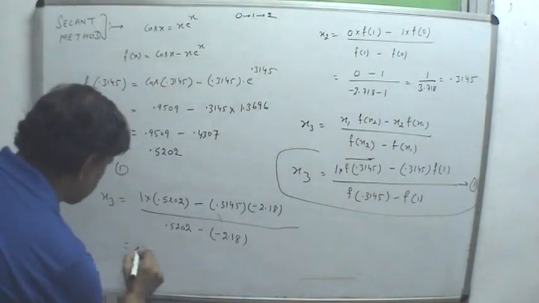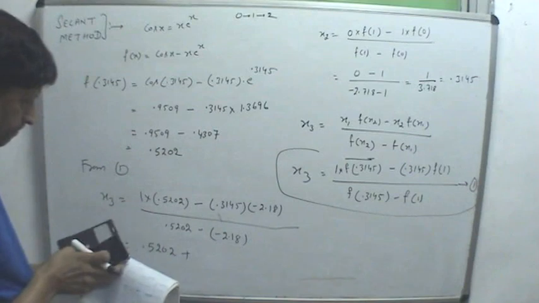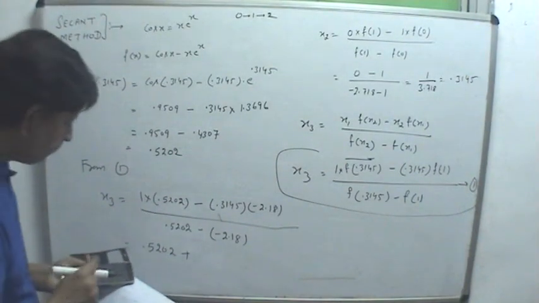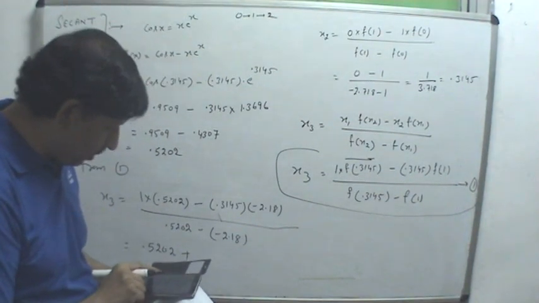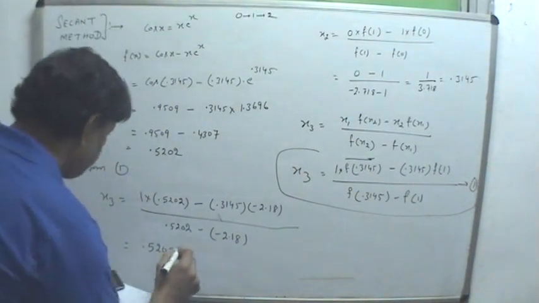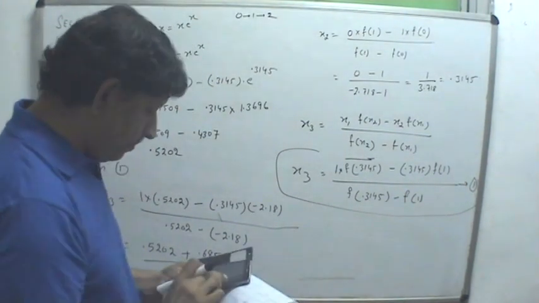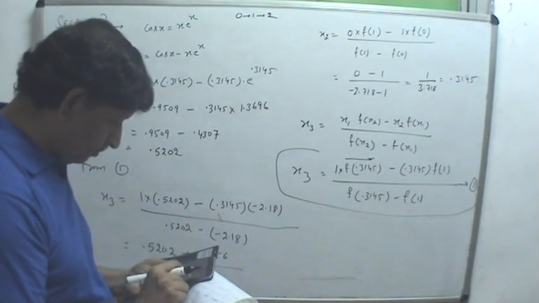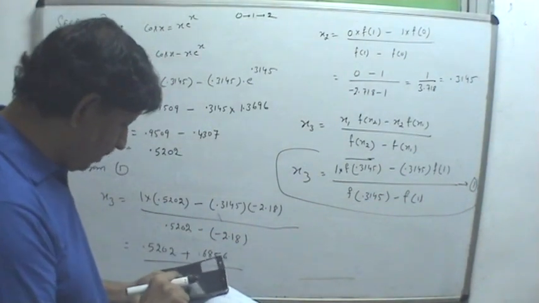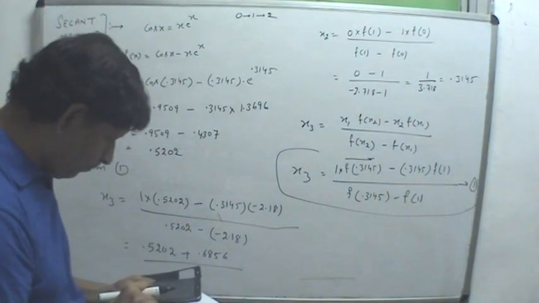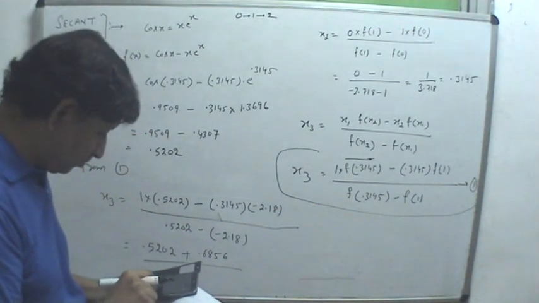Then that is equal to 0.5202 plus 0.3145 multiplied by 2.18, which comes to be 0.6856, divided by 0.5202 plus 0.6856.